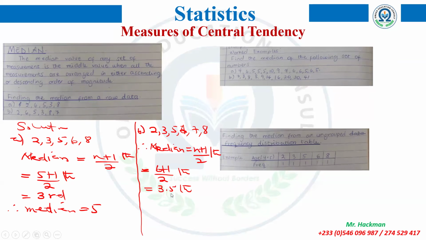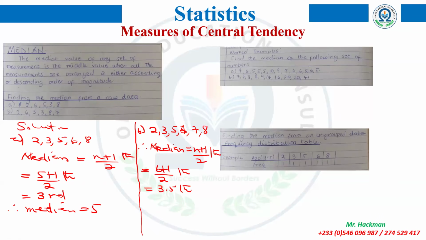The 3.5, immediately you get a decimal, it's trying to tell you that your median must be between 2 positions. It will be the 3rd position and the next position, which is the 4th position. So you take the observations occupying these positions, then you find the average. So you add these 2 observations and you divide by 2. Should I come again, or is my point well made?